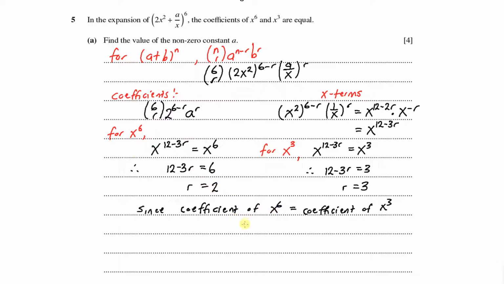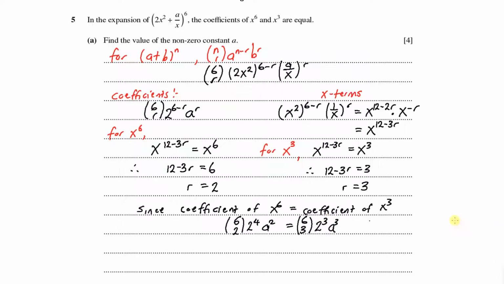So that's 6 choose 2 here, and that's 2 to the power of 6 minus 2, that's 4, and a to the power of 2, so that's a squared. That's equal to the coefficient of x cubed, which in this case r is 3, so that will be 6 choose 3, and that's 2 to the power of 6 minus 3, which is 3, and a to the power of 3.